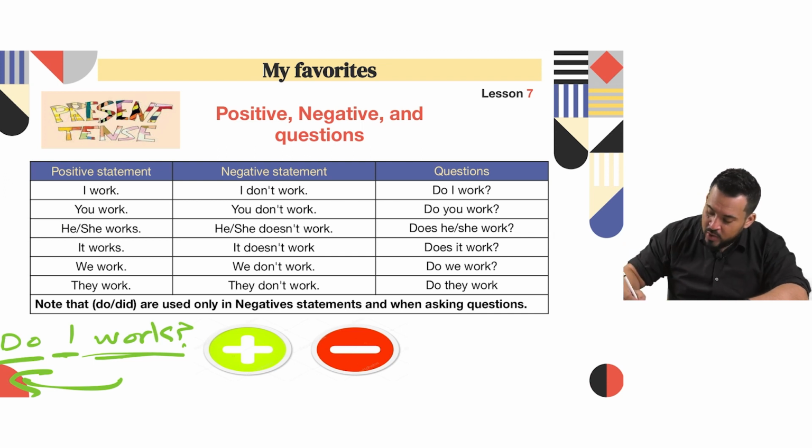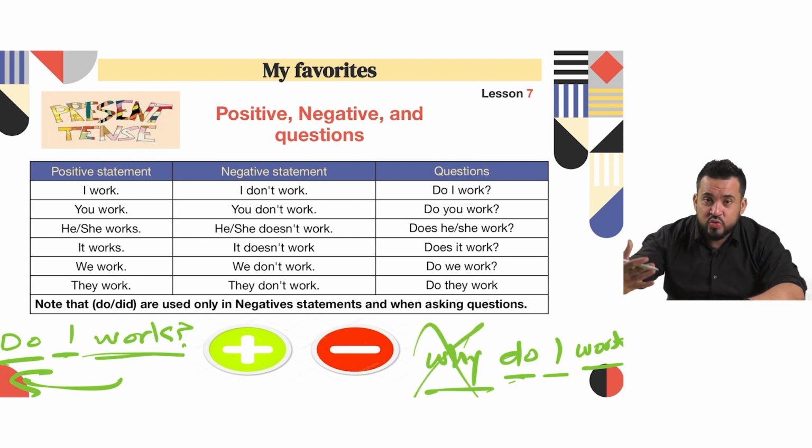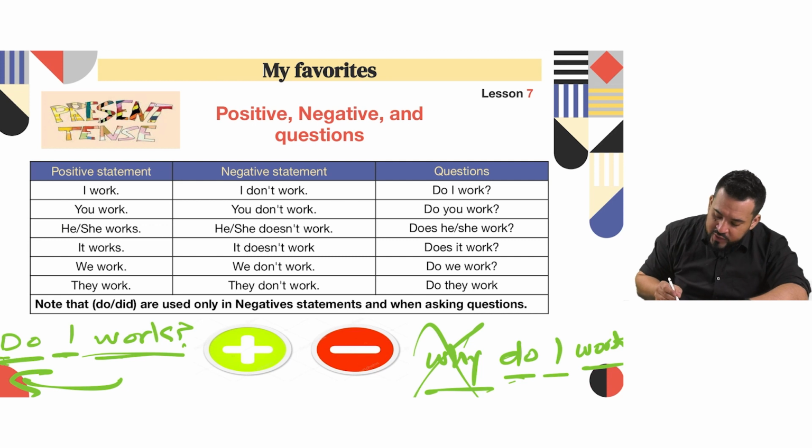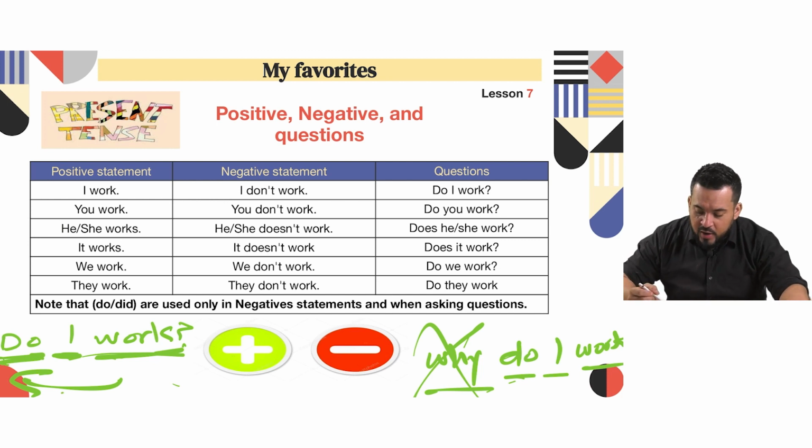So it will be, why do I work? Same structure: question word, auxiliary, subject, and verb. If we remove the question word and just want to ask an auxiliary question, we use the auxiliary first, then the subject, and the main verb. For the negatives, we always use do not or did not.